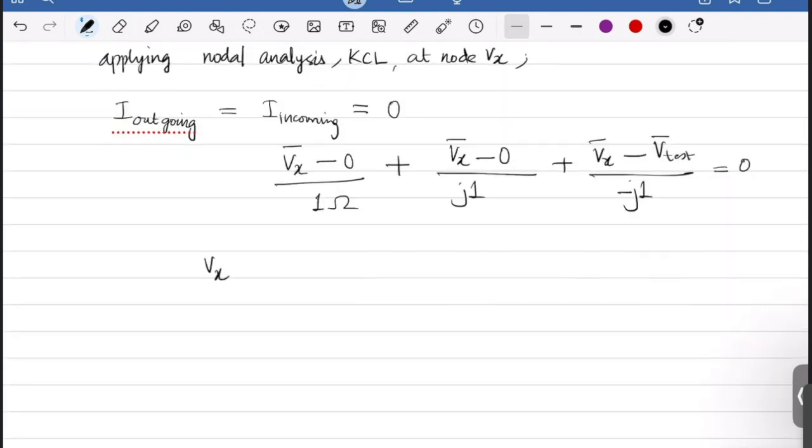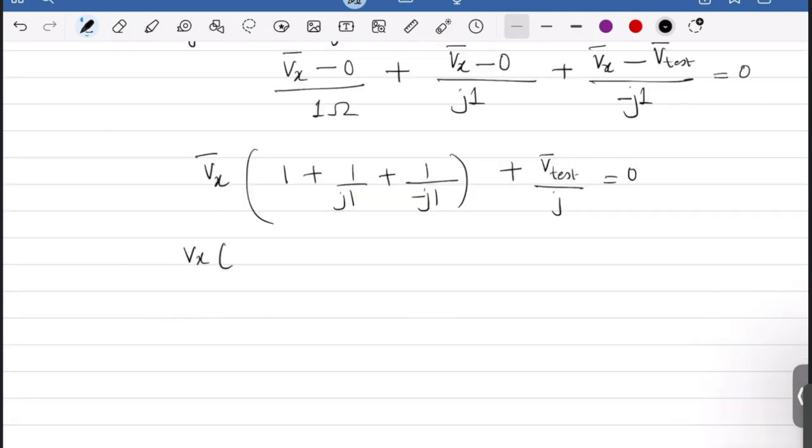Now we can solve this equation. You can take Vx common: Vx times (1 plus 1 by j1 plus 1 by minus j1) minus or plus V test by j is equal to 0. Now 1 by j1 plus 1 by minus j1 is 0.